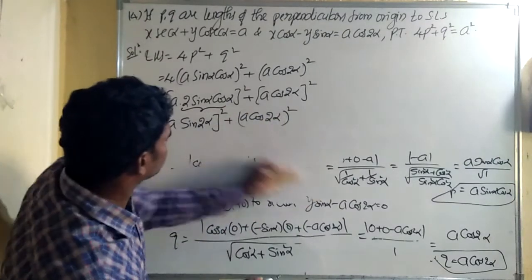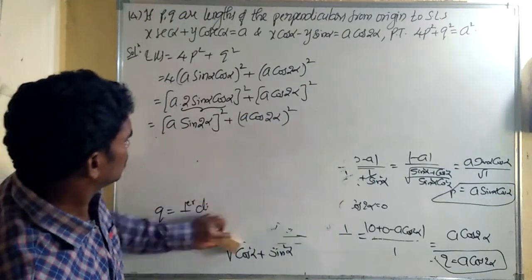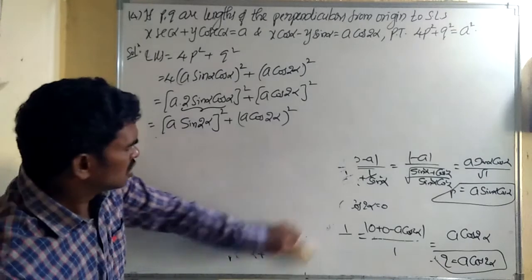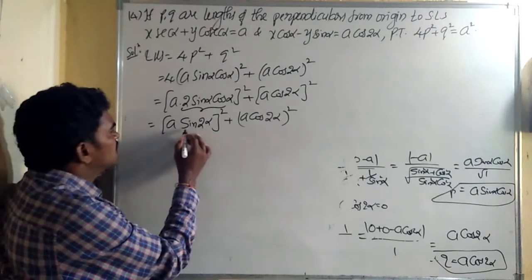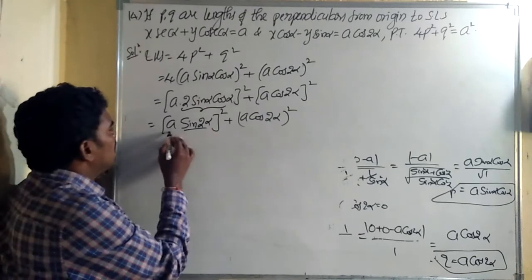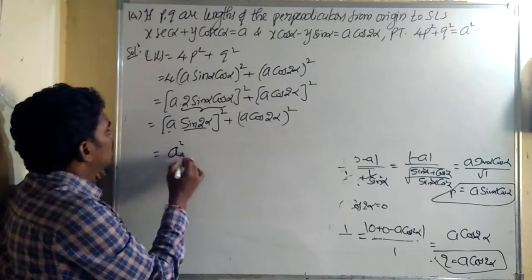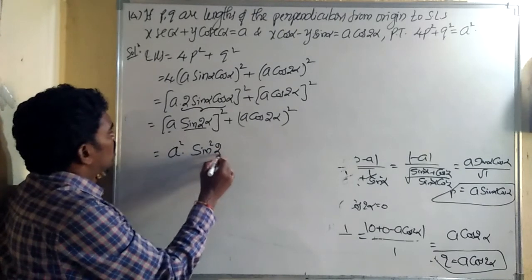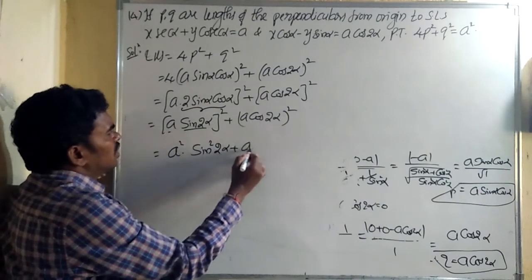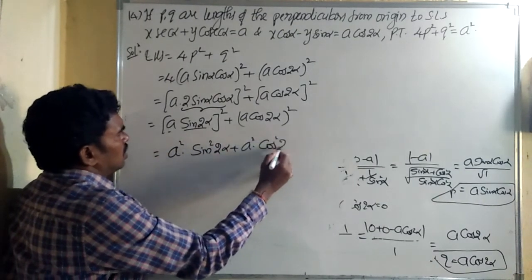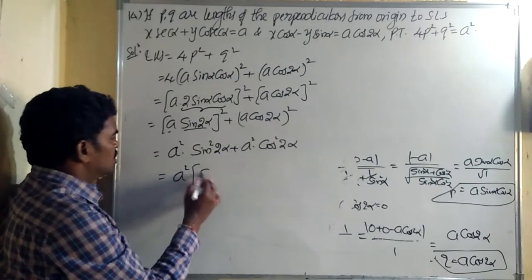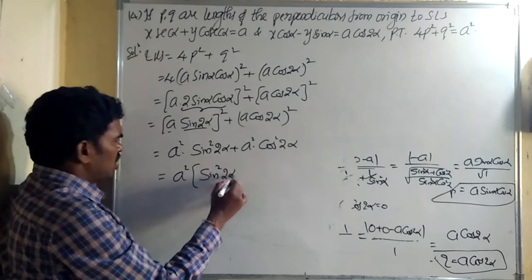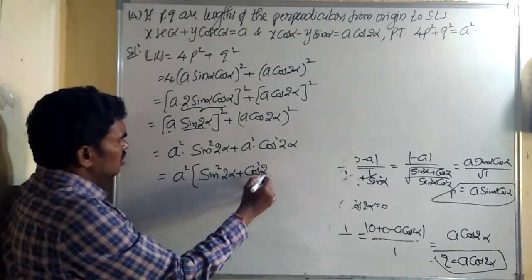So now split it. The square can be applied to a and to sin 2 alpha. So we get a square sin square 2 alpha plus a square cos square 2 alpha. In both, what is common? A square is common. So the remaining is sin square 2 alpha plus cos square 2 alpha.